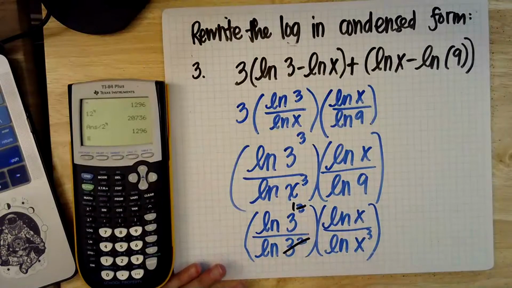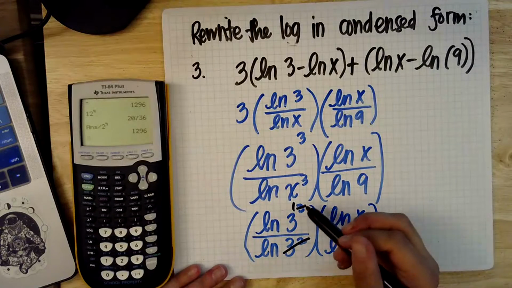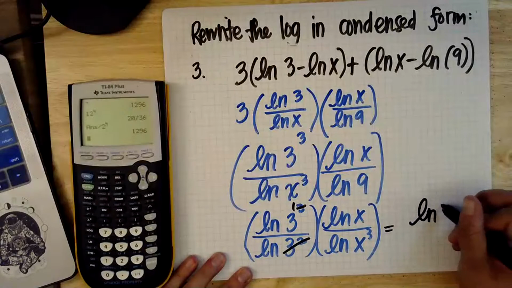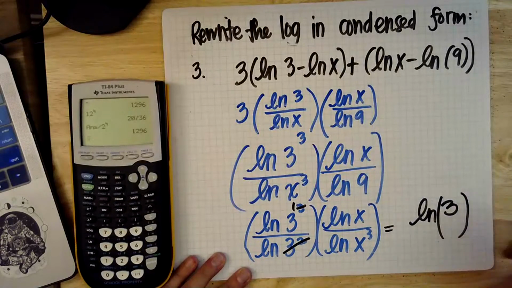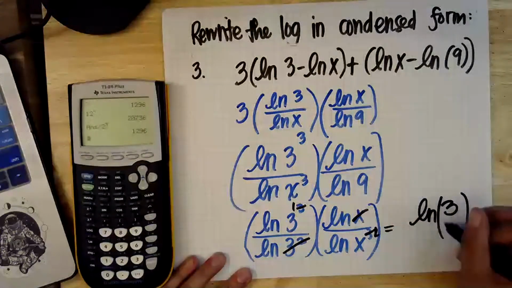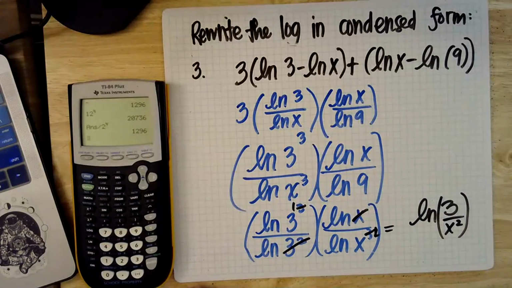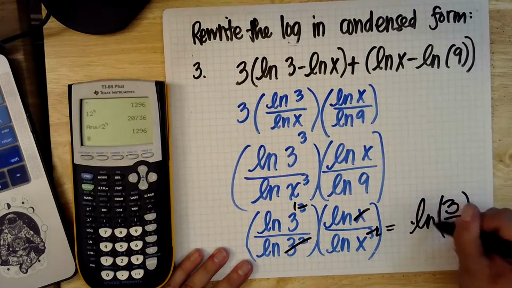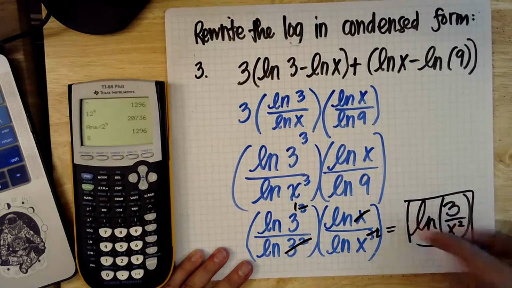So this is going to turn into a 1. So 3, that's going to give me ln 3. And then this guy's going to kill one of those. So I have ln 3 over x squared like that. So ln of 3 over x squared is my final answer right there.